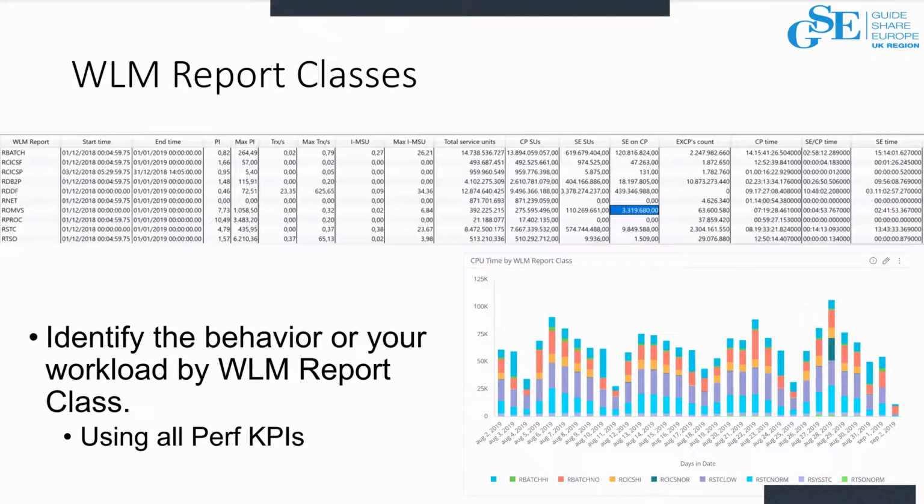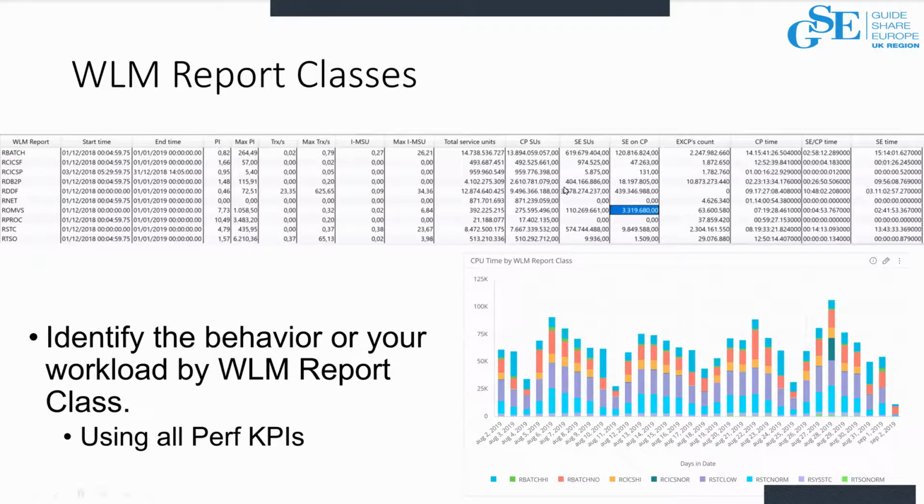Another way to see the consumption information is using the report classes. So when you define a service class, you have the report class where you tell WLM how to report the consumption of the resources according to the definition. So you can define the report classes and combine all the similar workloads to be on the same report.